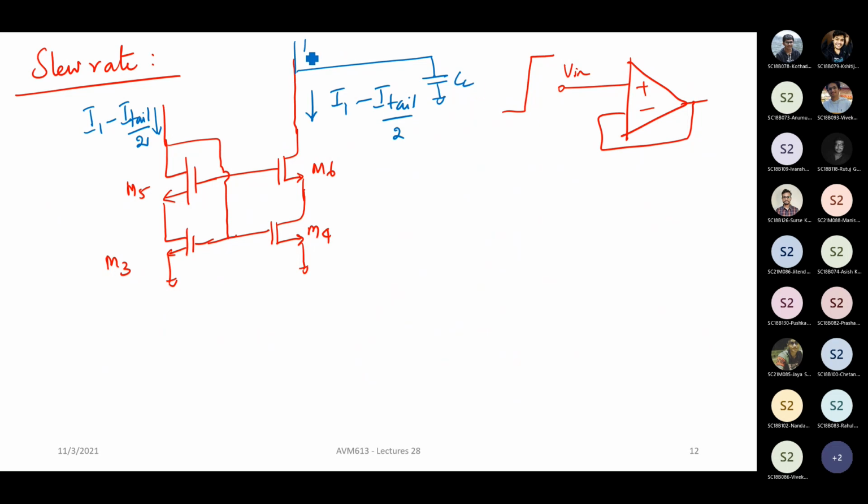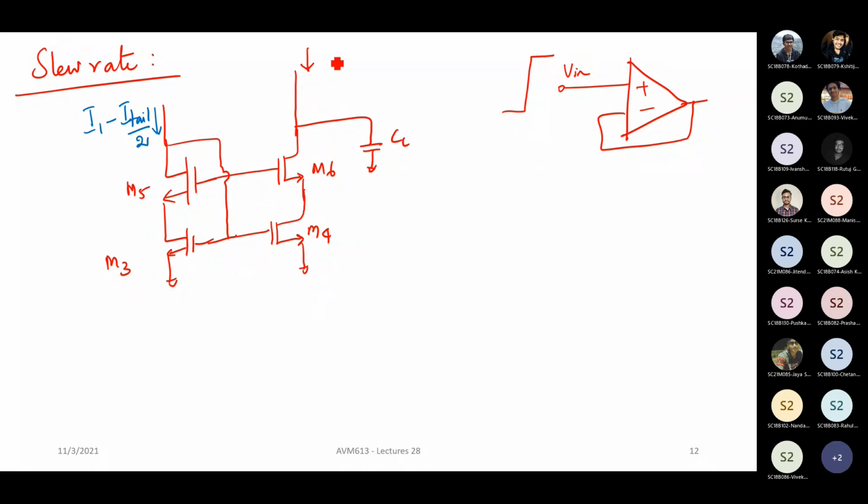Now, what is coming from the top? Let's say this is your capacitor CL. Now, this is a current source at the top, right?